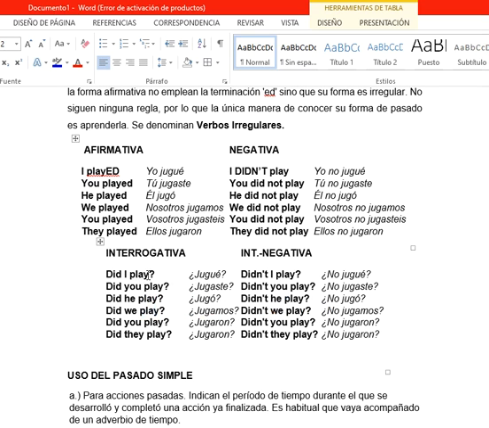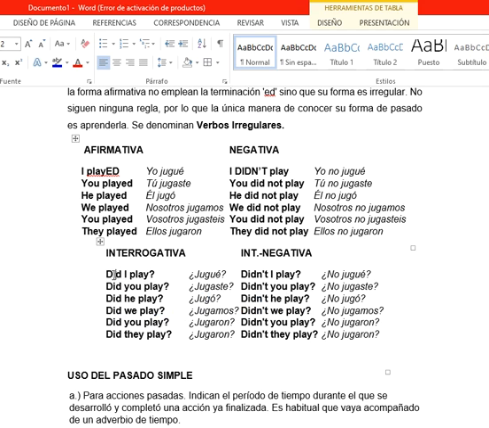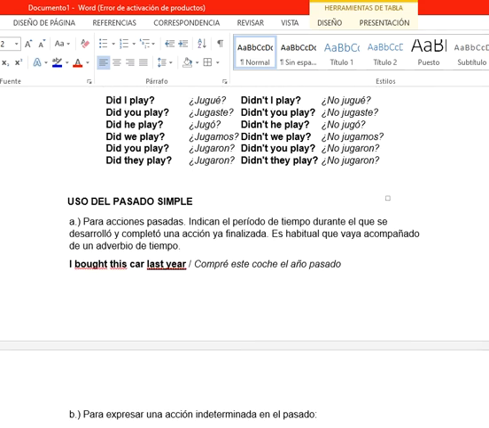No, the verb is in present in the normal way, in the infinitive form. Why? Because we already have did, and with this auxiliary, we know that this sentence is in past. In the affirmative case, we need ed because we don't have an auxiliary here. So we need the verb in past to know that the sentence is in past.